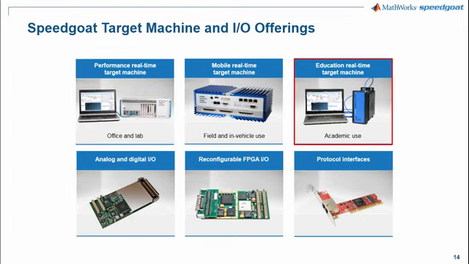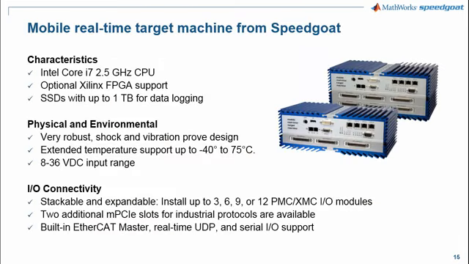The education real-time target machine is offered exclusively to academic customers at a most attractive price tag. This system provides researchers, professors, and students a turnkey real-time simulation and testing environment and allows students to become familiar with solutions currently used in the industry. And last but not least, the machine we are using in today's demonstration is this industrial computer.